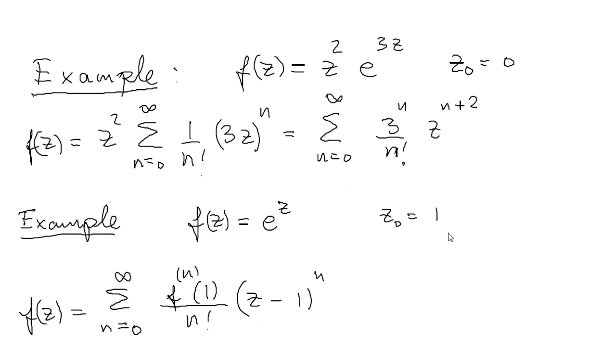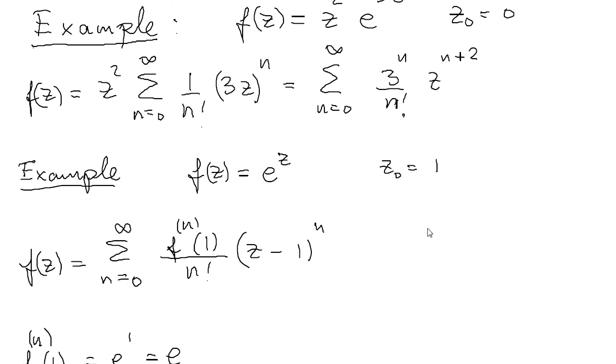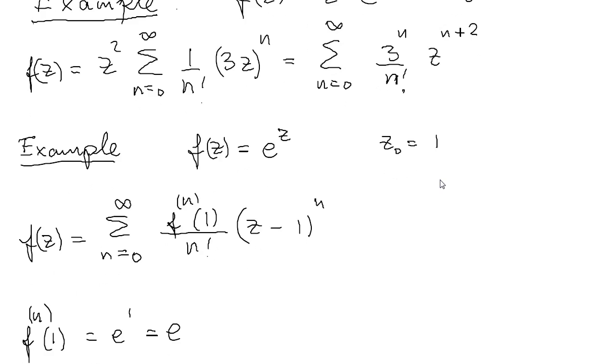Let's consider another example. The function f of z, as we did previously, we define it equal to the exponential function of z, but in this case we let z0 be equal to 1, so we are not considering the Maclaurin series anymore.